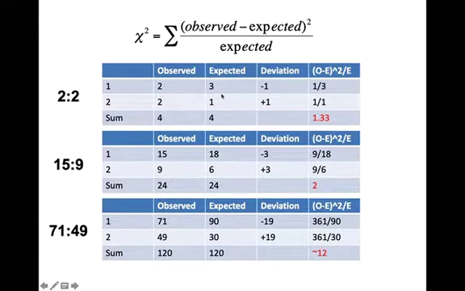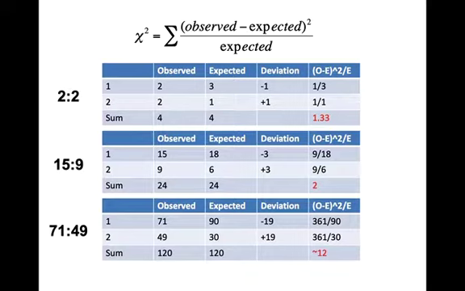And then these are the numbers that we expect. The way you calculate the expected number is you take the ratio, the proportion, and multiply it by the total sum, in this case 4, or 24, or 120. So these are the numbers we expect: 3 and 1, 18 and 6, 90 and 30. We already talked about that.